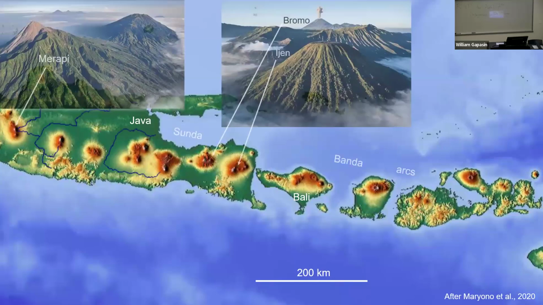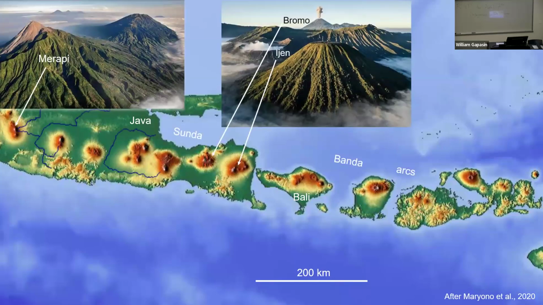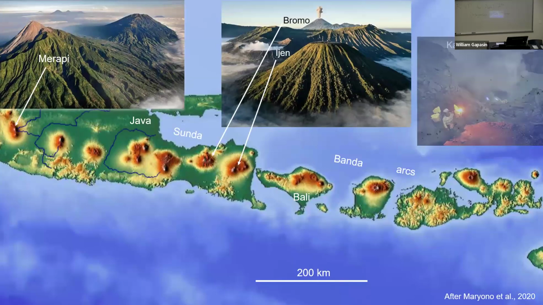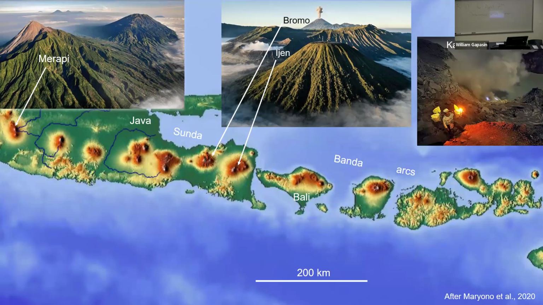We can see numerous active volcanoes: Merapi, Bromo, Kawah Ijen, this pH less than 1 acid crater lake with native sulfur mining in the area, and a nighttime view showing the high temperature flames around the native sulfur.